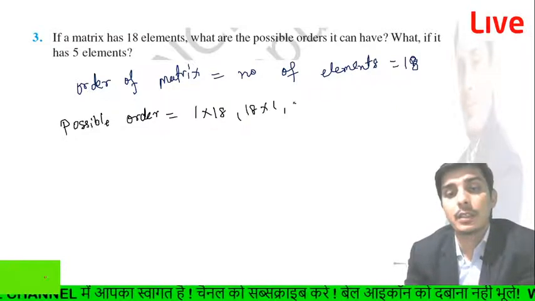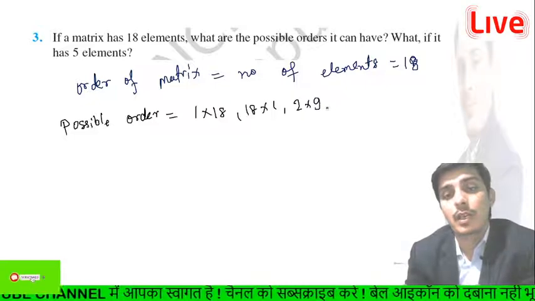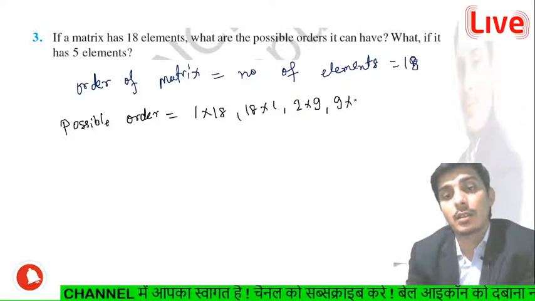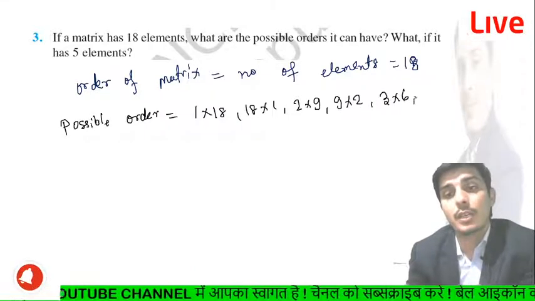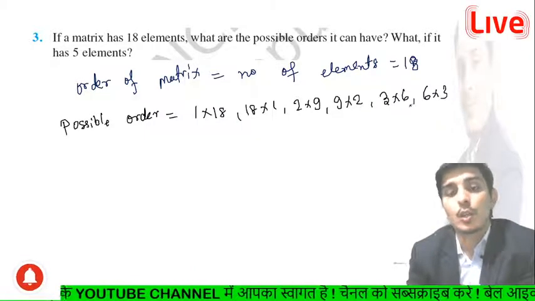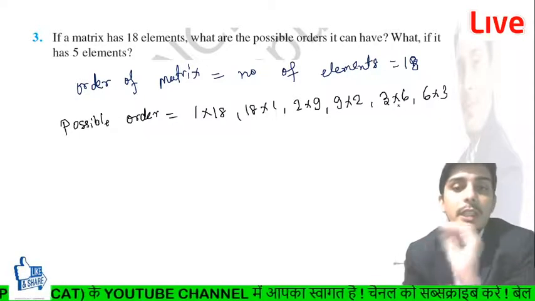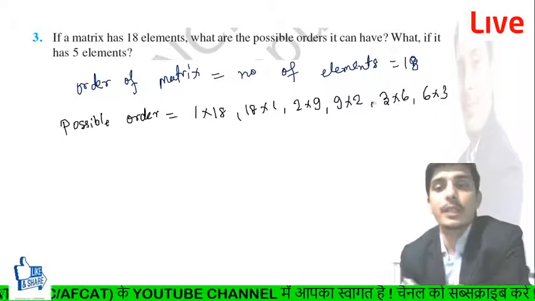Another we can write here 2 into 9, after this 9 into 2, and after this 3 into 6, and another is 6 into 3. So these all are the answer of the possible order, guys, right?